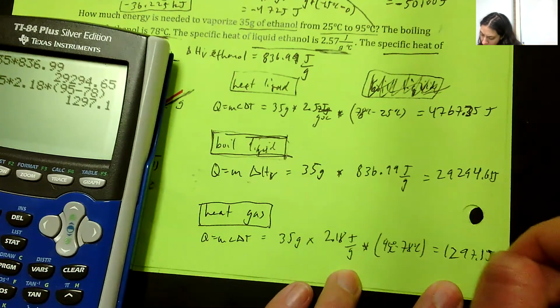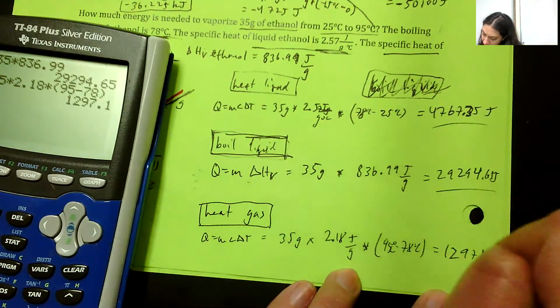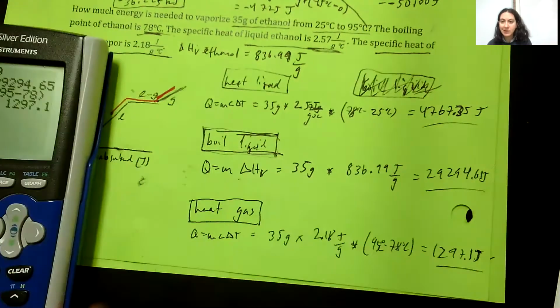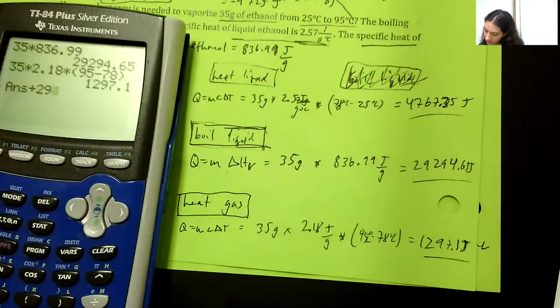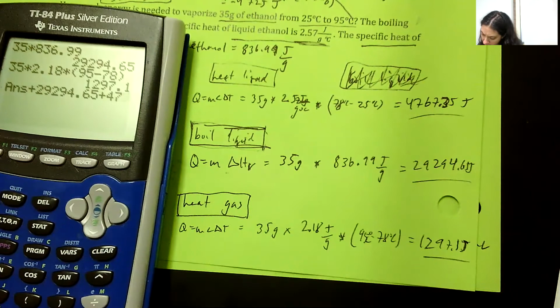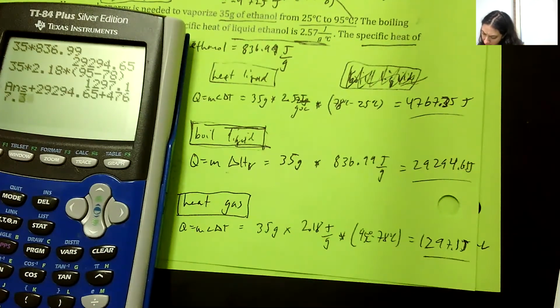Okay, so we have these three numbers. All we've got to do now is add them together. 29,294.65 plus 4767.35.